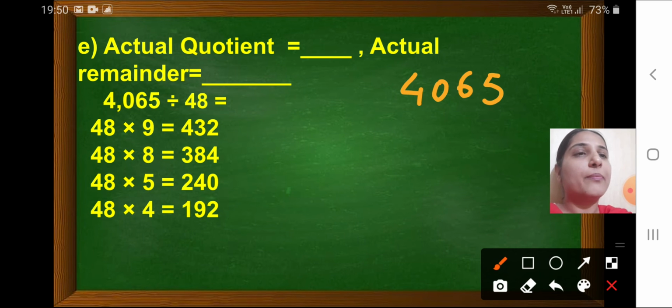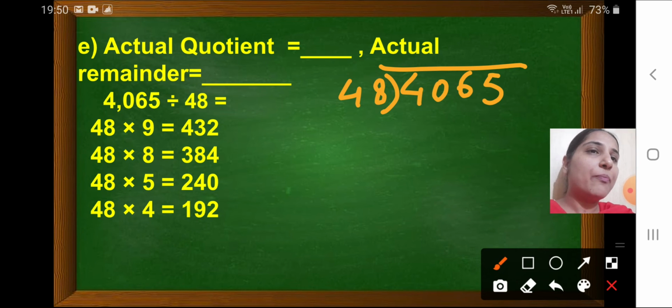4065 divided by 48. So here, children, if you see the first digit of the divisor and the first two digits of the dividend, 4 10s are 40. So we can go for 10 times, but 48 10 times will be 480. So that will be more than this 406 here.